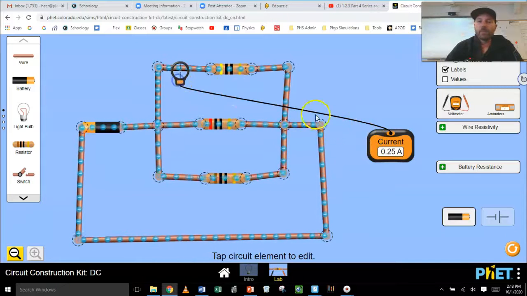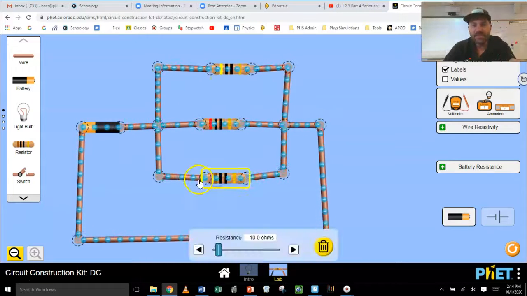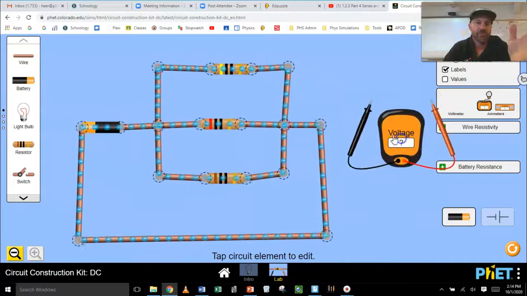So in a parallel circuit, these all have the same pressure. My battery is pushing on each of these the same. But because this one's easier to go through, more electricity is going to go through it. And I'll show you that I'm pushing on them the same.